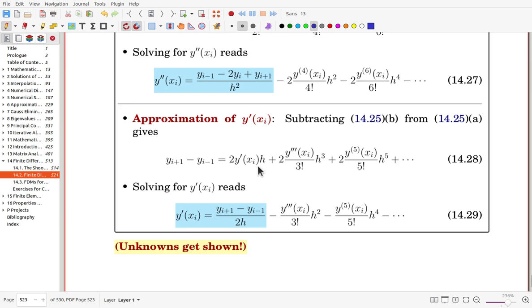Quite simple, right? So we recheck this equation, and of course we'll try to use this part later on and ignore these terms. Now this second step is where we show the unknown along with the finite difference formula.